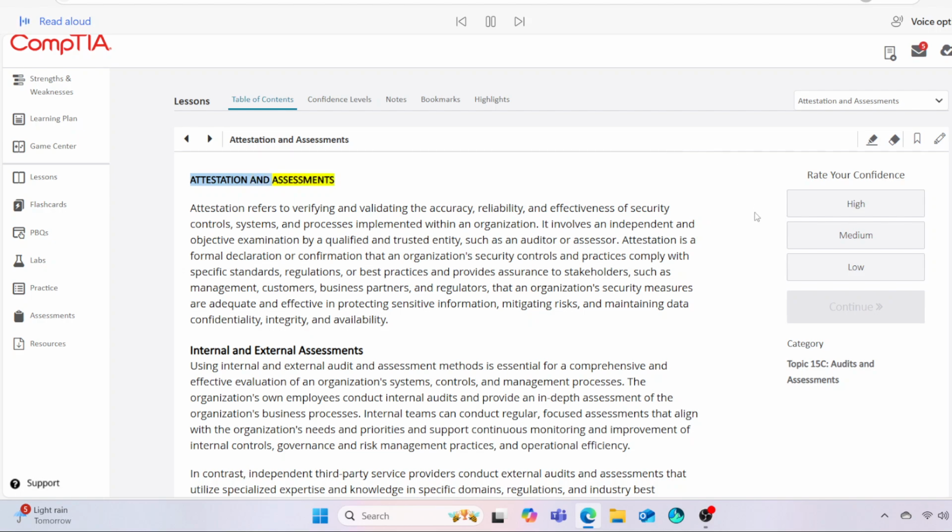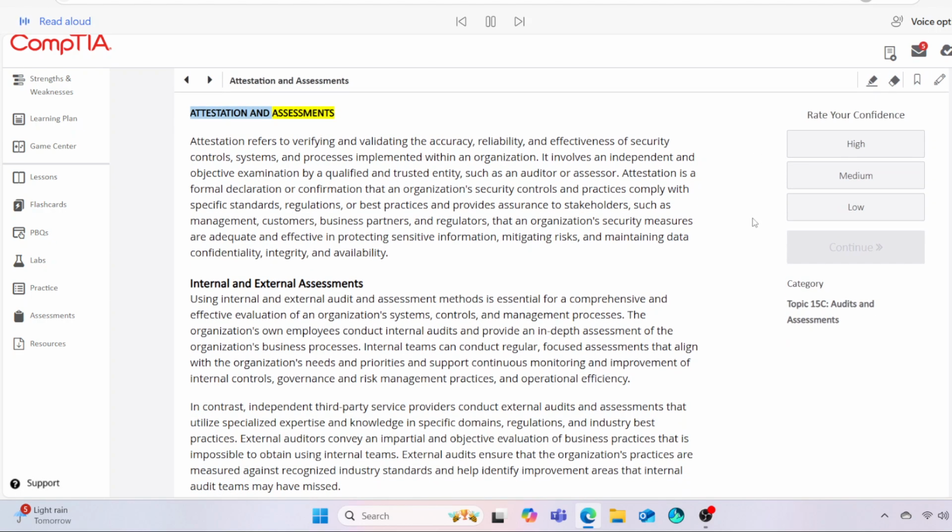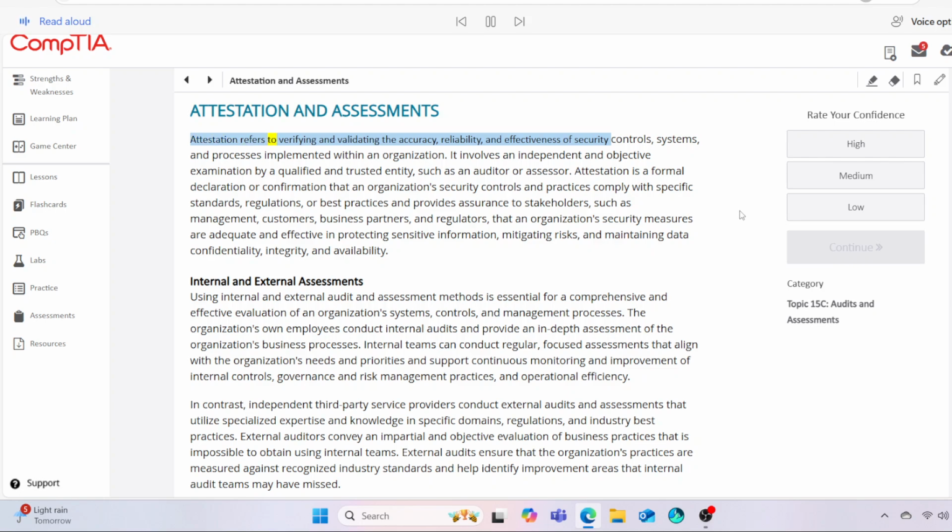Attestation and assessments. Attestation refers to verifying and validating the accuracy, reliability, and effectiveness of security controls, systems, and processes implemented within an organization. It involves an independent and objective examination by a qualified and trusted entity, such as an auditor or assessor.